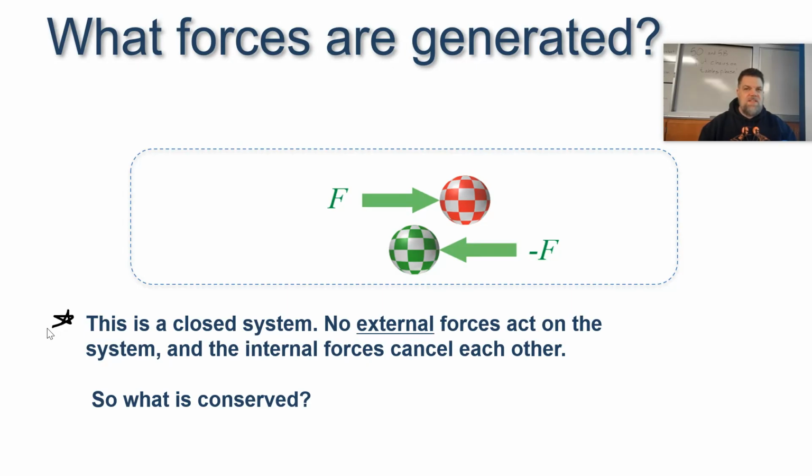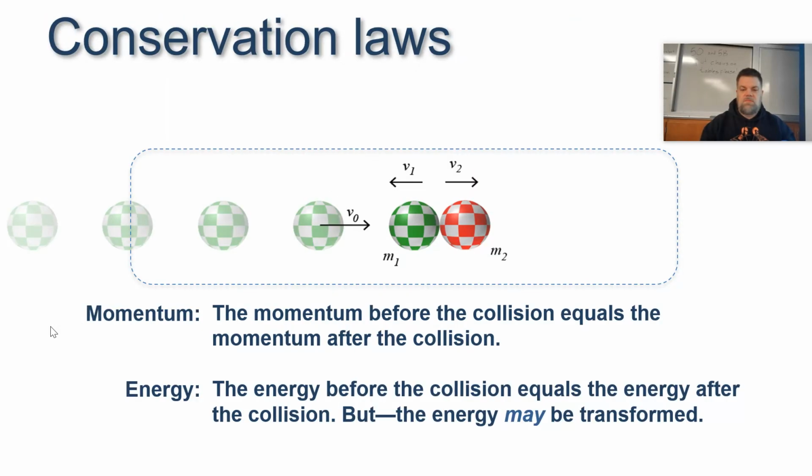Most objects, especially like a roller coaster cart, there's going to be friction between the wheels and the track. But theoretically, when we start to figure this stuff out, we're going to set up our system where we ignore external forces, right? And in this scenario, the internal forces cancel each other out.